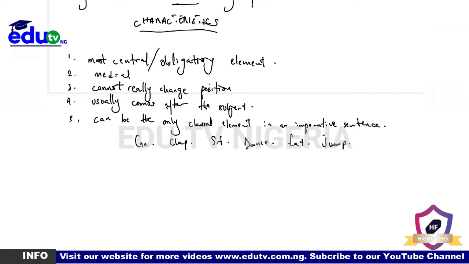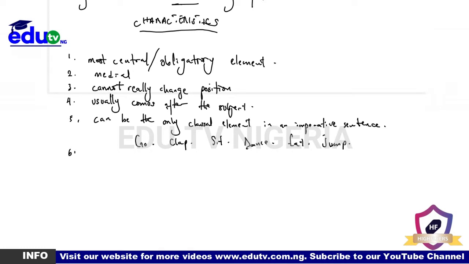So in a command or an imperative sentence, you could have one word making up the whole sentence. The predicator or the verb can be the only clausal element in an imperative sentence. Do you understand that? I believe you do. Then let's go to the next one.